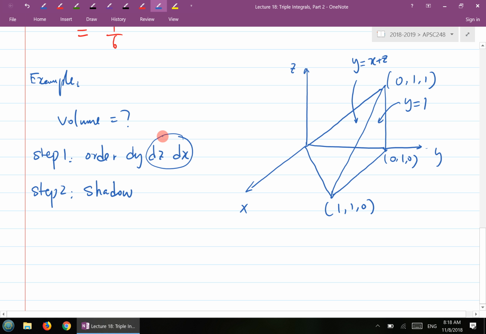So basically project everything into your xz plane. That essentially gives you this triangle here.